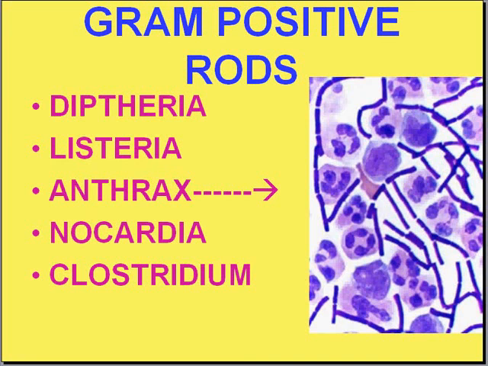Clostridium perfringens is the most common cause of gas gangrene. It's an anaerobic bacteria that generates gas. And of course, Clostridium tetani is the causative agent of tetanus. So I feel like we have probably adequately run down gram-positive rods.